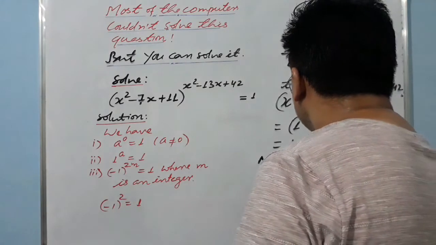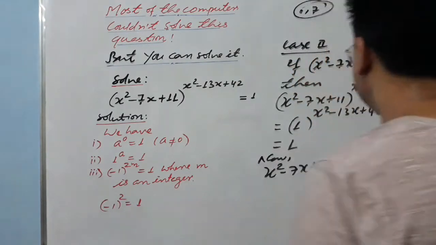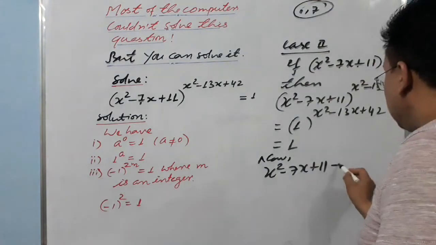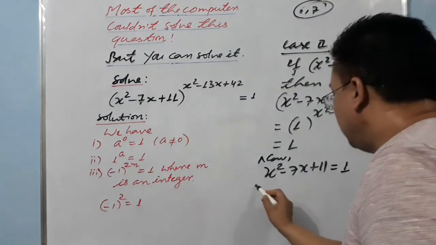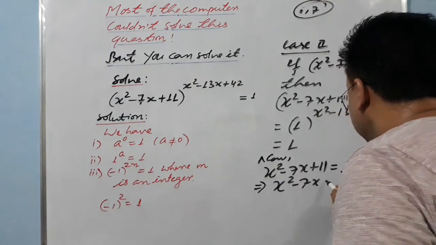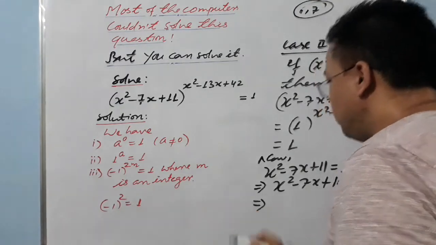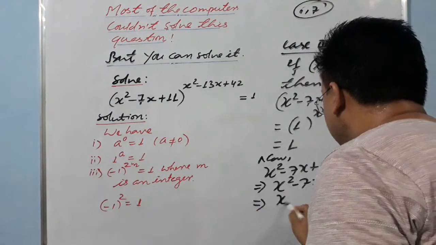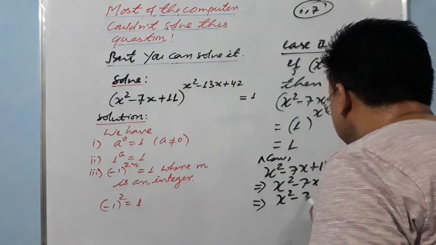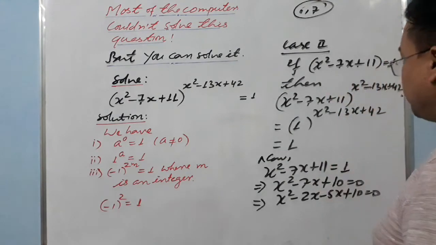Now x square minus 7x plus 11 is equal to 1, implies x square minus 7x plus 10 is equal to 0, implies x square minus 2x minus 5x plus 10 is equal to 0.